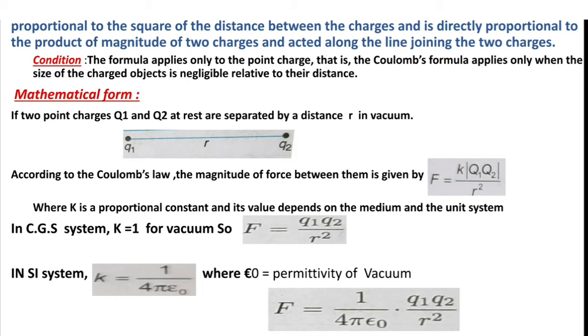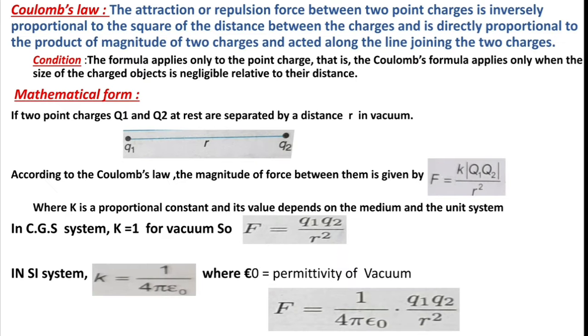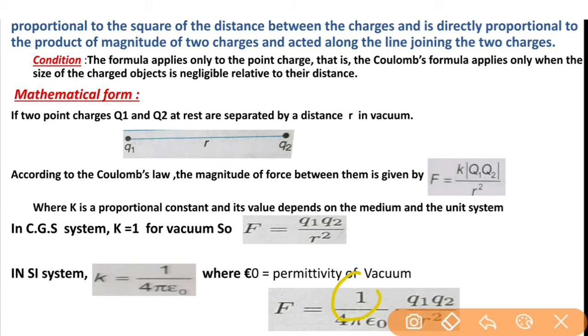We replace k by 1 by 4 pi epsilon 0 for the SI system.